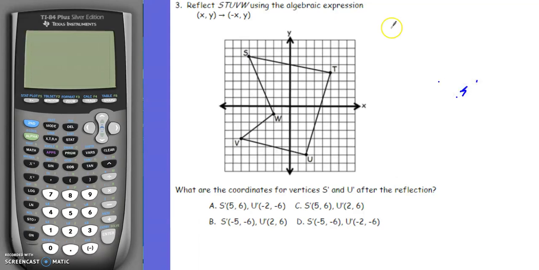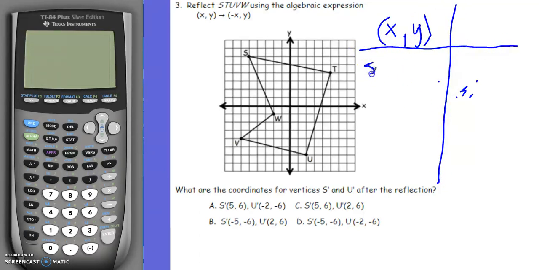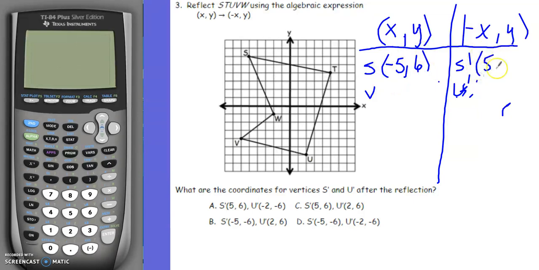Okay, so S, and we got negative x, y, and U. Okay, so S is 1, 2, 3, 4, 5, and it is up 1, 2, 3, 4, 5, 6. So negative 5, 6. Okay, the opposite is 5, and the y stays the same, so it's 5, 6.